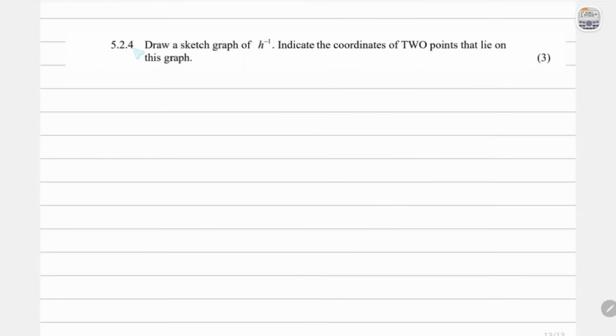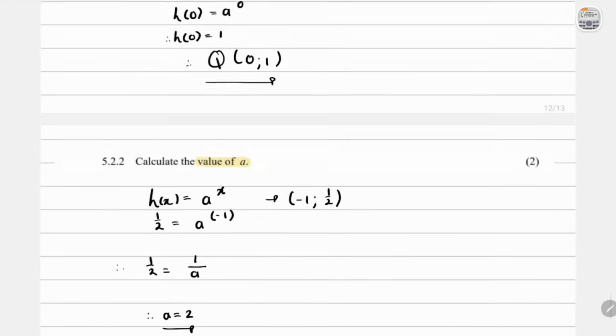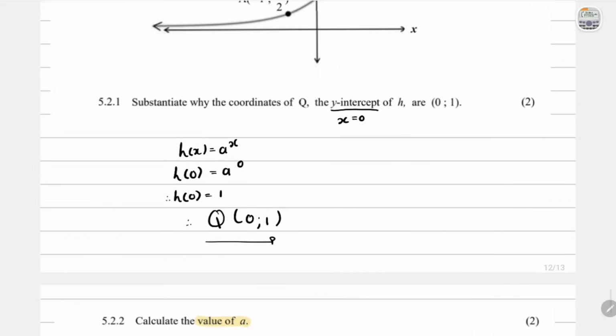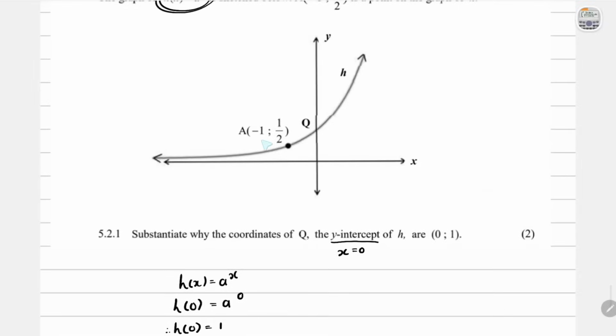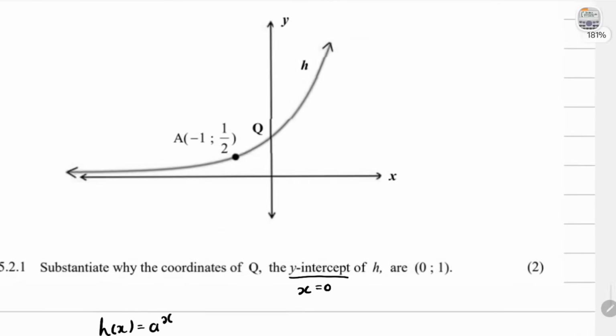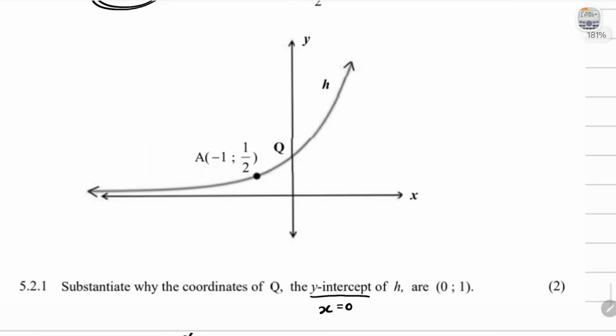Question 5.2.4 says, draw a sketch of the inverse of h and indicate the coordinates of 2 points that lie on this graph. Okay, so they're obviously referring to these 2 coordinates. Remember we had a y-intercept on the exponential, and then we also had this point over here. So the relationship between the original function and the inverse would work like this.